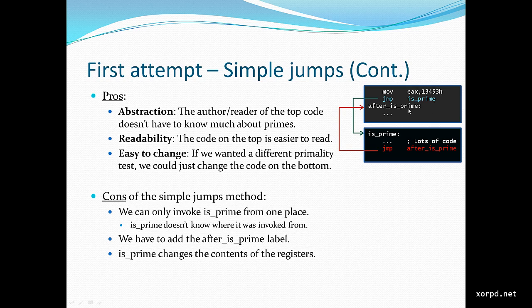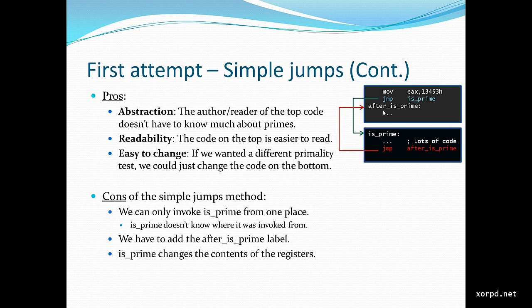But imagine how the code would look if all the internal instructions of the isPrime function would be pasted here instead of those two lines. It would make the program hard to understand. But now that we have this separation, the code is much easier to read.